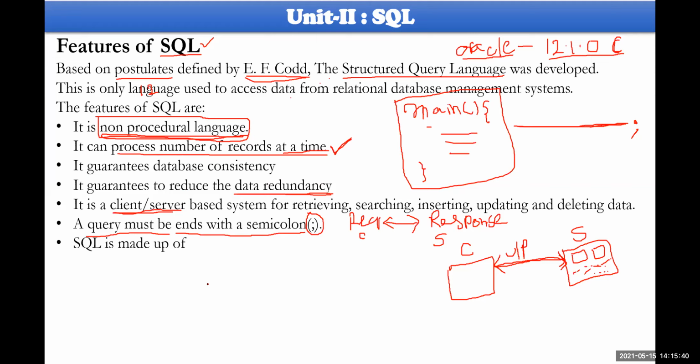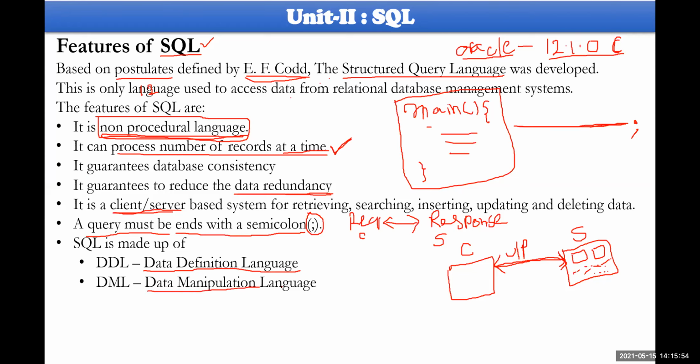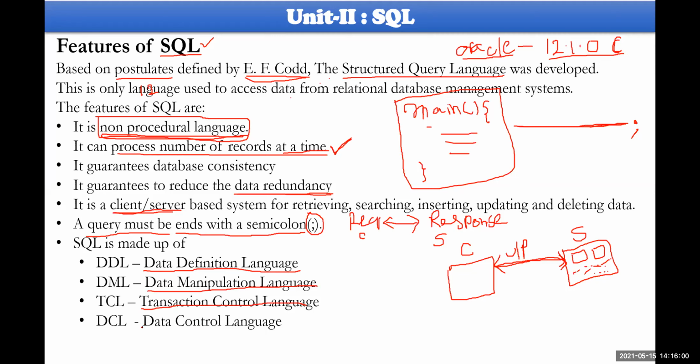Then, followed by this, SQL is made up of four different types of sublanguages. The first one is data definition language. The second one is data manipulation language. The third one is transaction control language, and the fourth one is data control language.